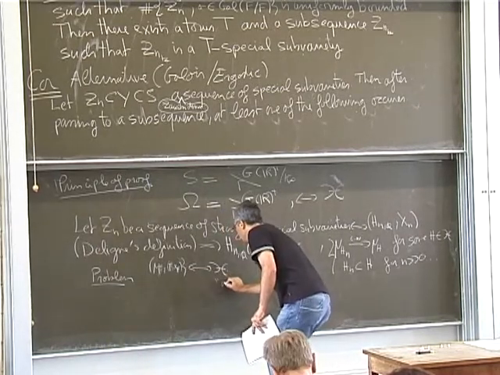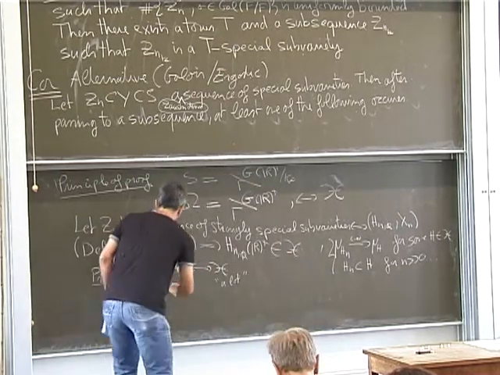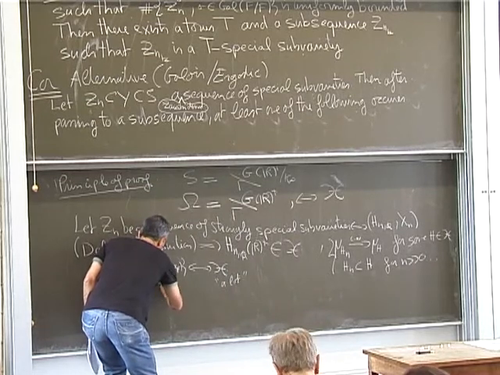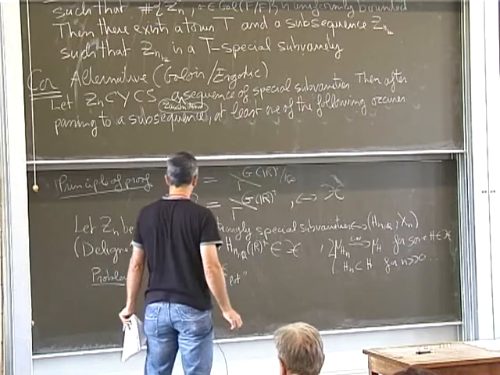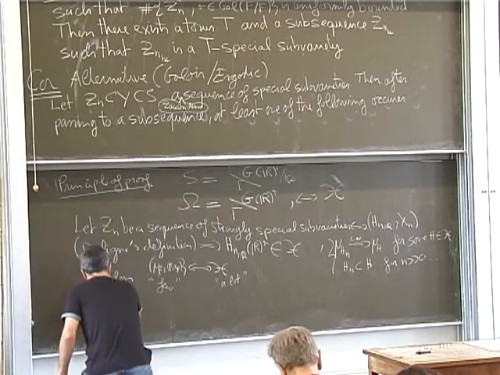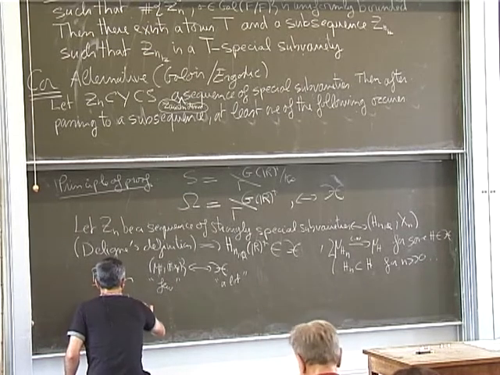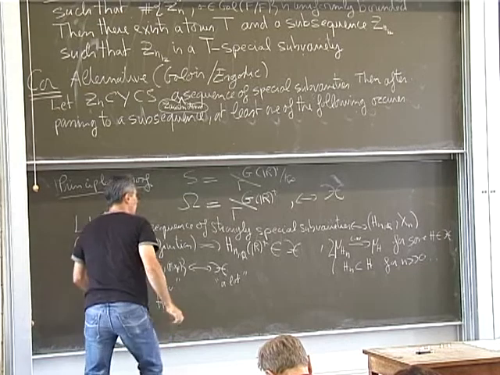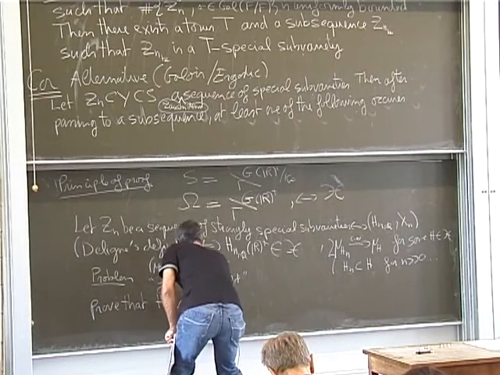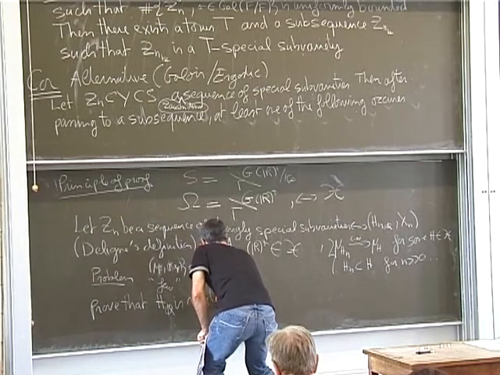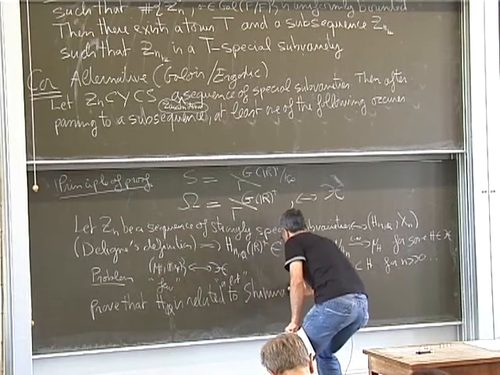You have a lot of such subgroups, and here you have fewer, maybe. And what you have to prove is that H, the limit that you find here, is related to Shimura varieties.